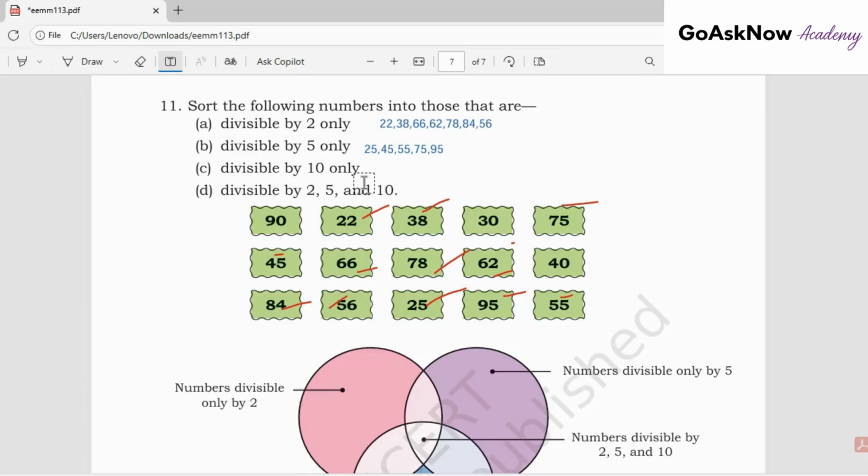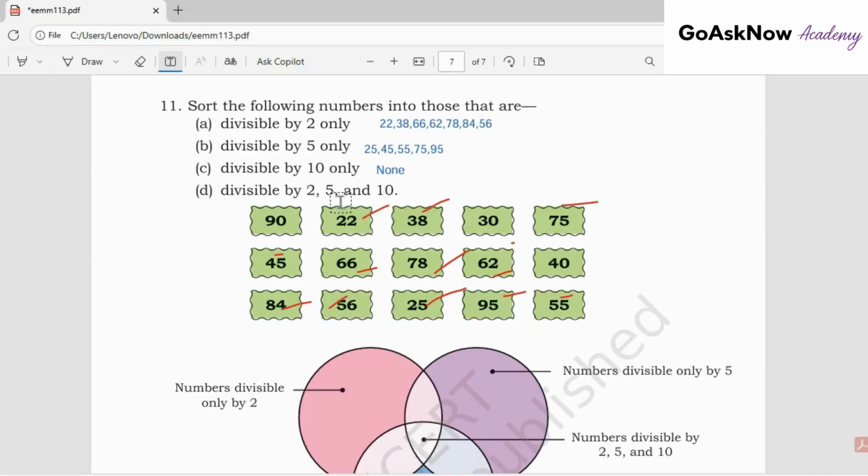Next, divisible by 10 only: ends in 0, but not divisible by 2 and 5. There is none in this category, because if a number is divisible by 10, it is automatically divisible by both 2 and 5. So this category should be empty.